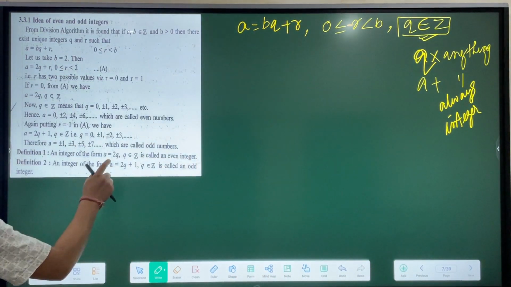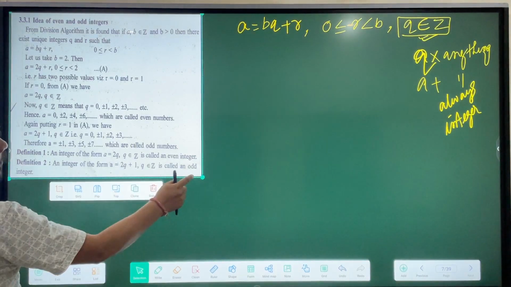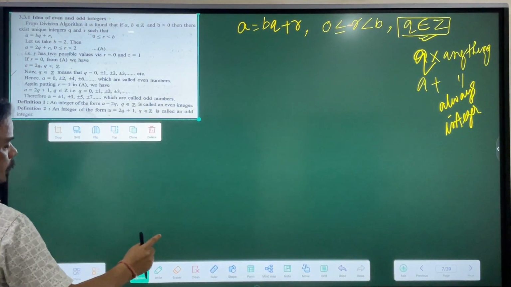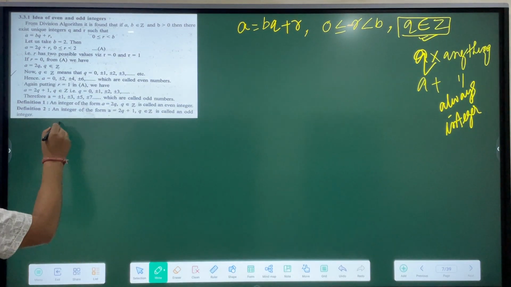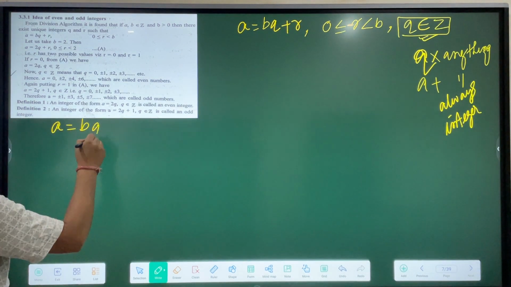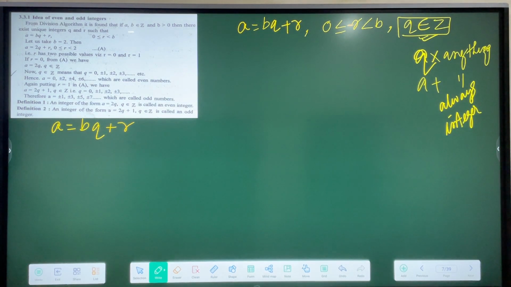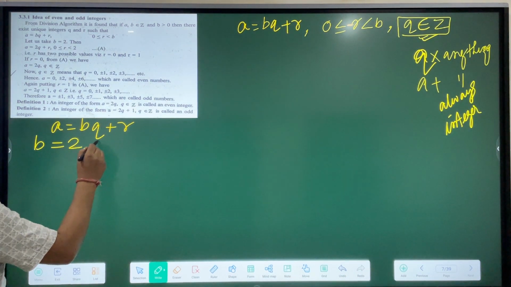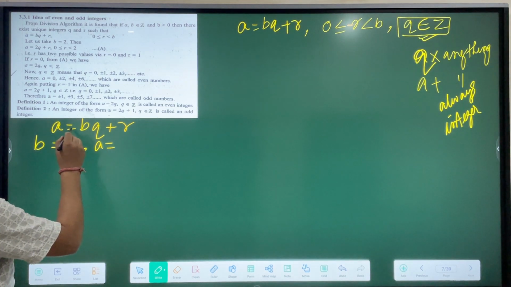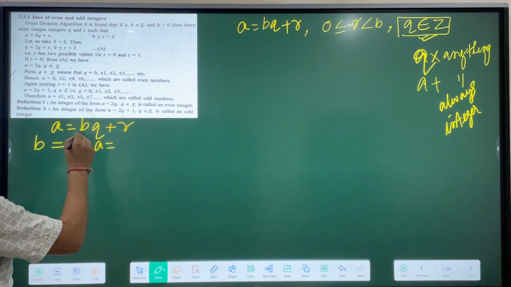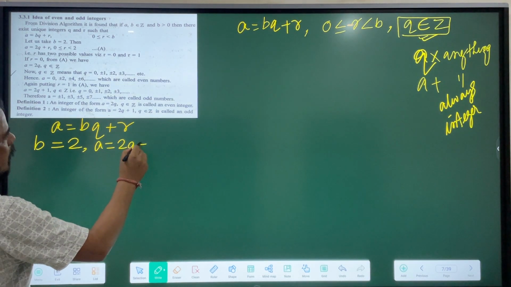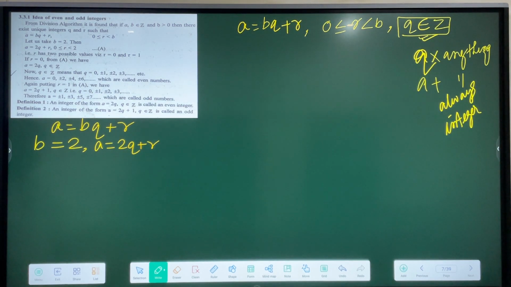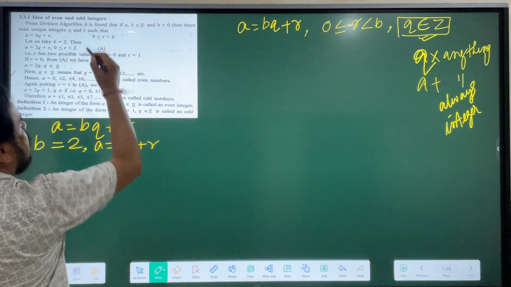A equals BQ plus R. Now B equals 2, then A is equal to 2Q plus R. So here this condition is given.